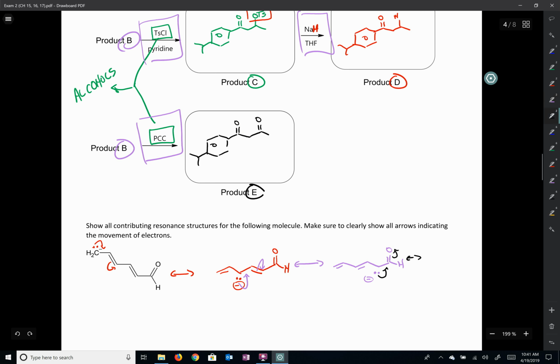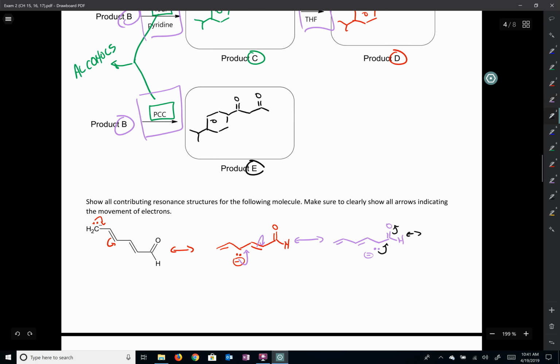Got a little overzealous there. Well, now I'm just running out of room. Okay. Let's try this again down here. All right. So now we've got our negative charge there. We've got a double bond, and a double bond. Okay. Cool. So there are our resonance structures for this compound.